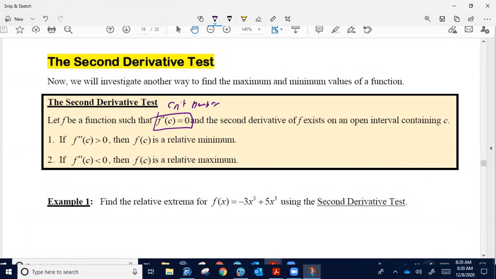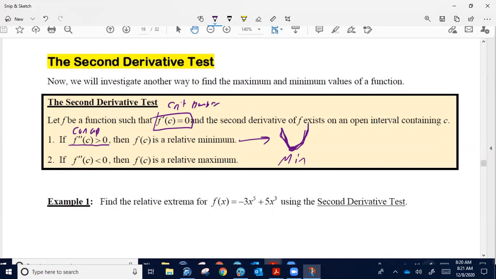So if I have a critical number and the second derivative is positive, second derivative positive means concave up. If you think about that, at the critical number the curve around it is concave up. This point is going to be a minimum.